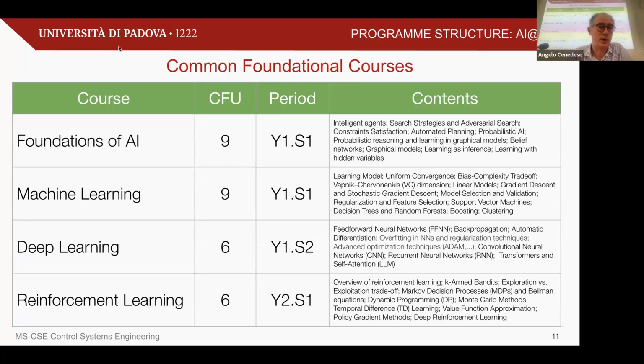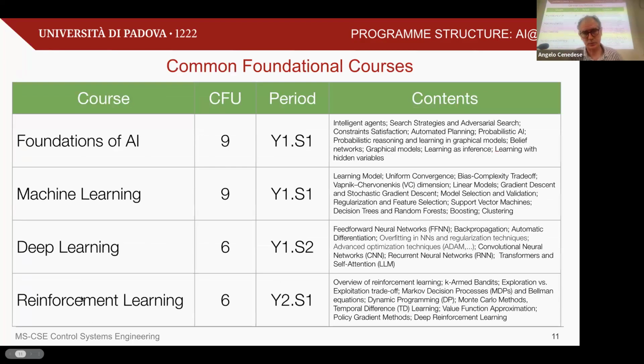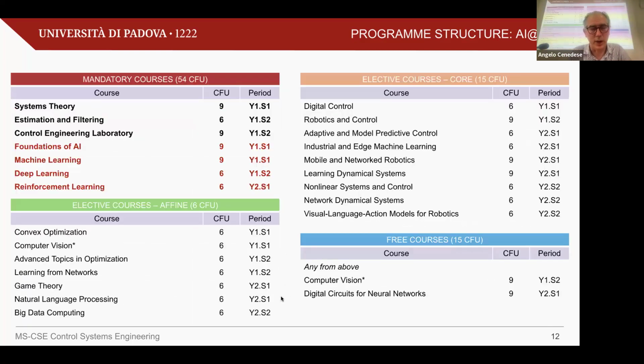The 4 courses that we are offering in common are Foundation of AI, Machine Learning, Deep Learning, and Reinforcement Learning. They are basically all first year and then part of the second year, first semester. Going back to our curriculum, the match of the AI at DEIB and the control systems master is this one. So you have 7 mandatory courses: the 3 courses mandatory for control, and the 4 courses mandatory for AI.